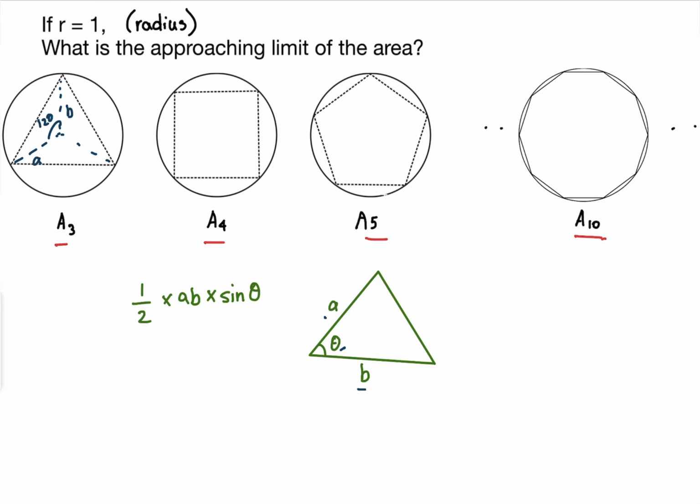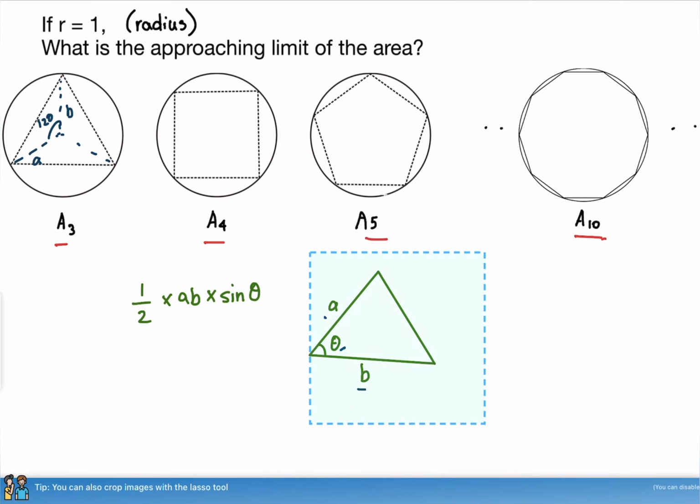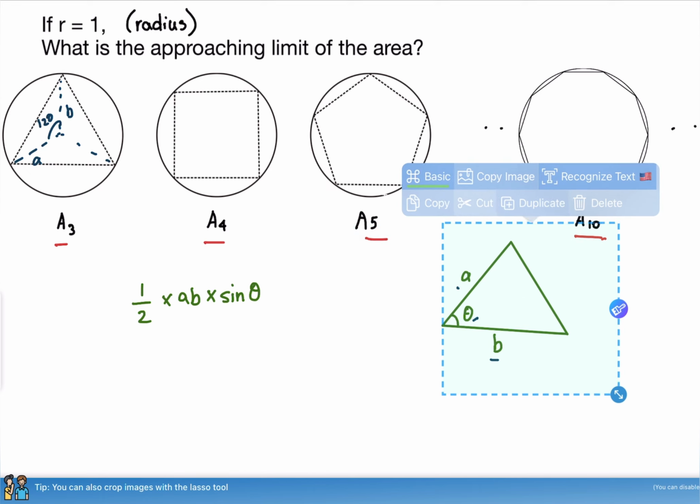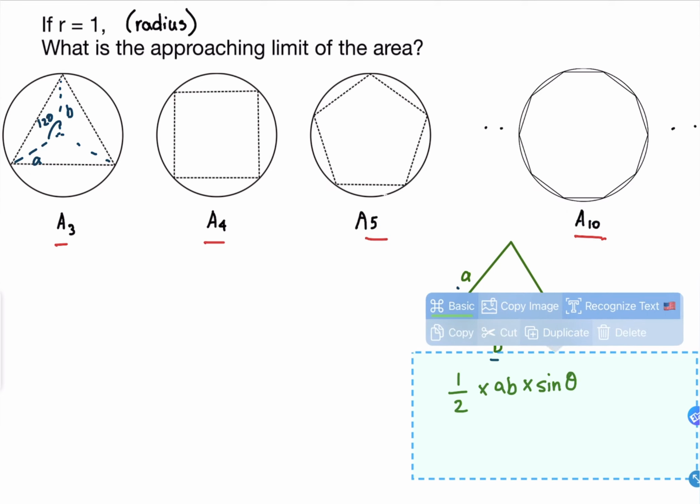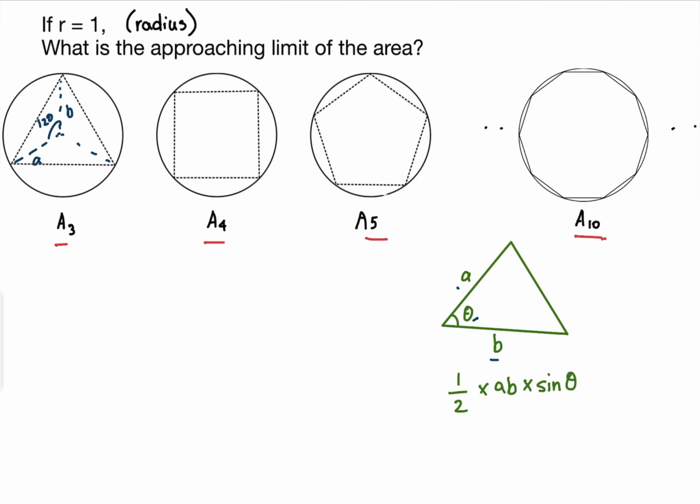We have A3, so we'll apply the formula on our figure. For A3, we will multiply 1 by 2 times 1, which is A, and B, which is 1 again, times sine 120. Now, you could use a calculator for this, but I have it off the top of my head.